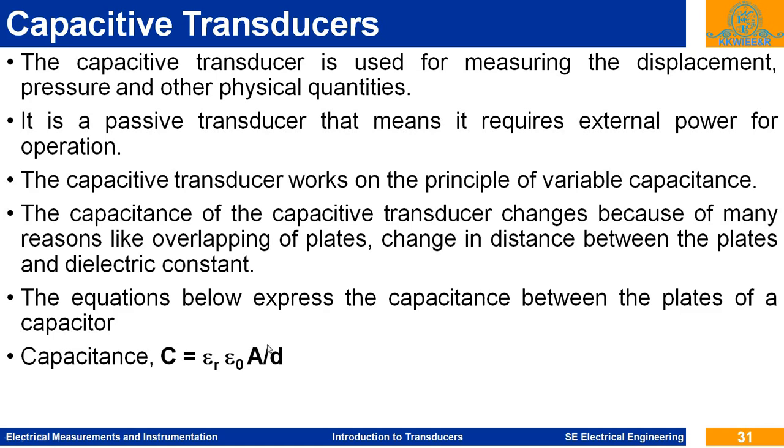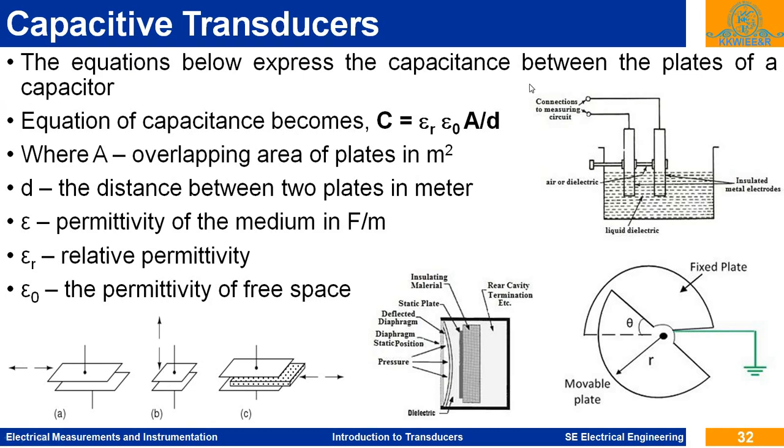So there is a change in the area, change in the distance between the two plates, or change in the dielectric constant. The equation below expresses the capacitance between the plates of a capacitor. C is equal to epsilon 0 epsilon r A upon d.